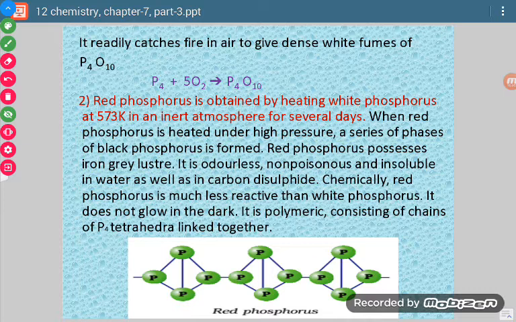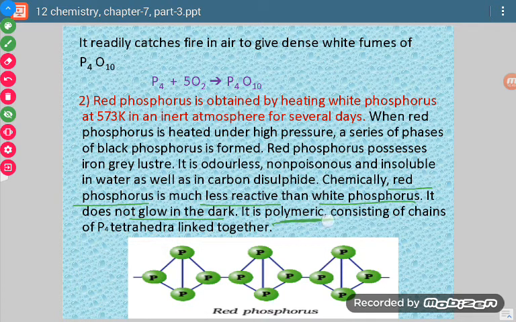Now if we see reactivity, red phosphorus is very much less reactive as compared to white phosphorus, and it does not show the phenomenon of chemiluminescence.